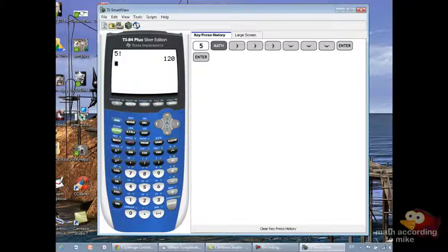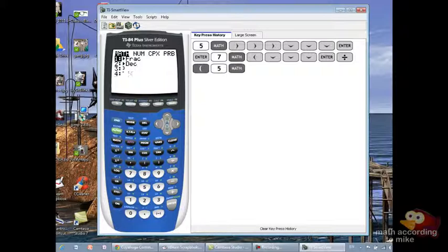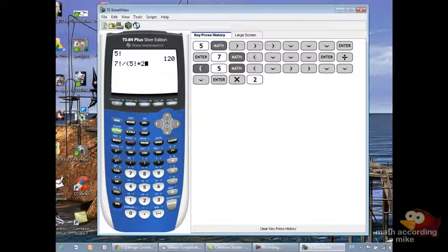For part D, which is a little more complex, we'll say 7 math factorial divided by, well, I'm dividing by a product here, so in our calculator, we need to start it off with the parentheses. 5 factorial times 2 factorial.